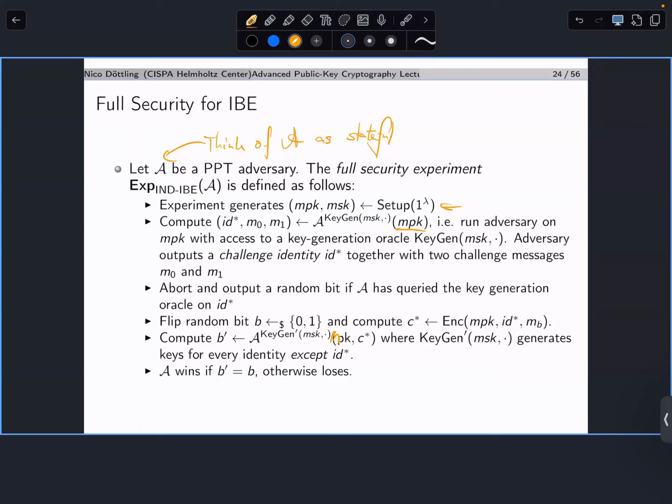For a very long time, it was actually thought that these are really different notions. I mean, you can easily build a scheme which is selectively secure but not fully secure. Make this an exercise. But the question of whether, when you have a selectively secure scheme, you can always build a fully secure scheme from it was open for many years.